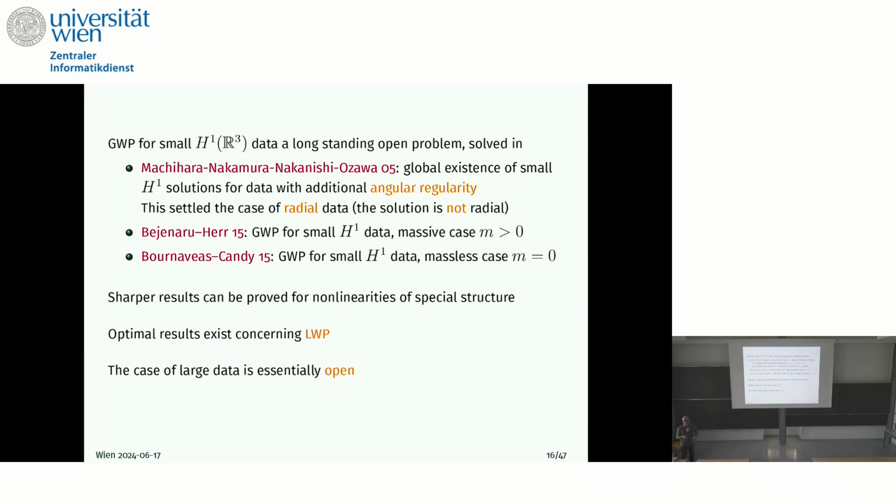So angular regularity is for free for radial data. This is the way to handle radial data. But anyway, this was the best result until Bejenaru-Herr and Bournaveas-Candy solved the problem. So now it is known that for small H1 data, the cubic Dirac equation has global solutions. This is just to give you an impression: most of what you can imagine is true, but there is this big difficulty that you don't have a positive energy.